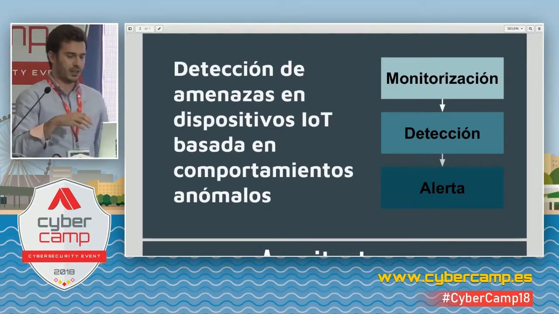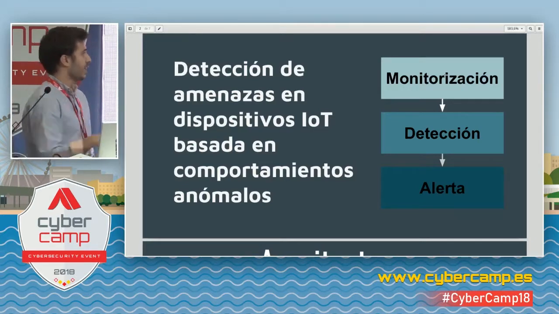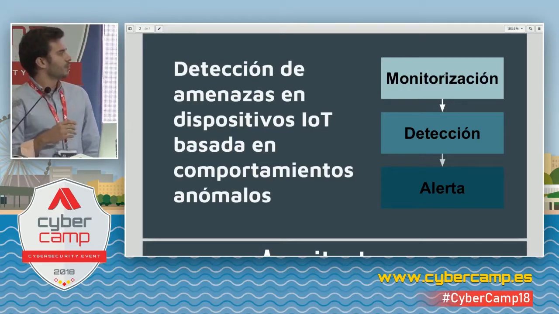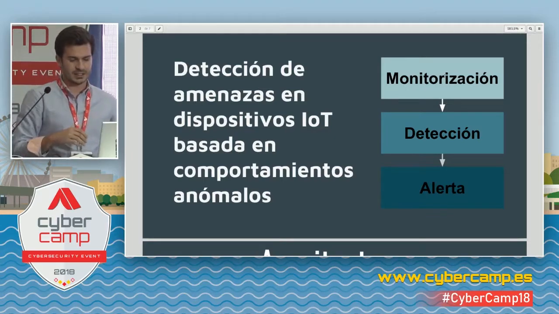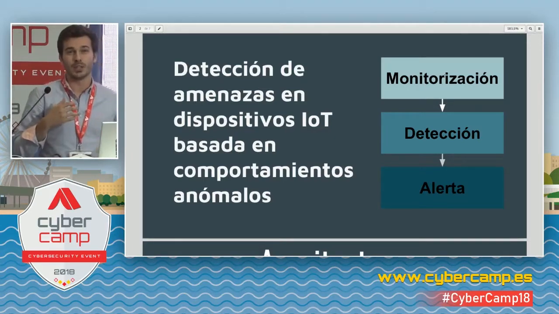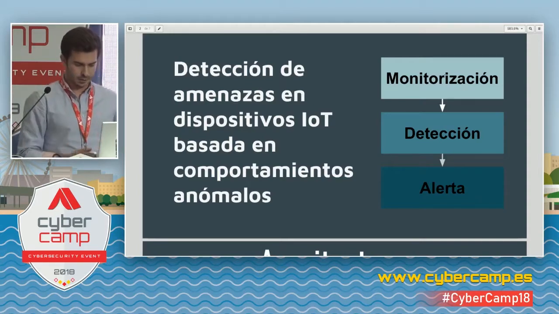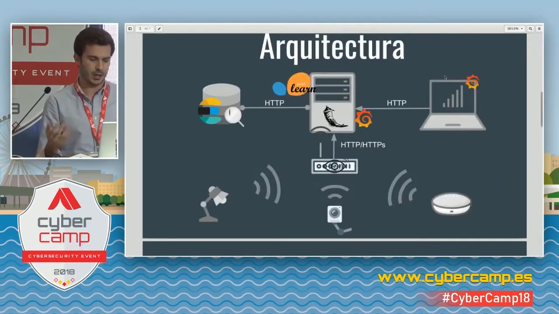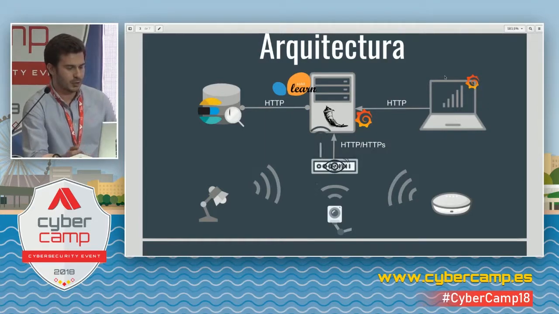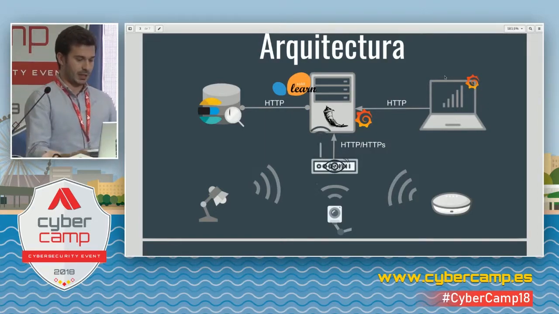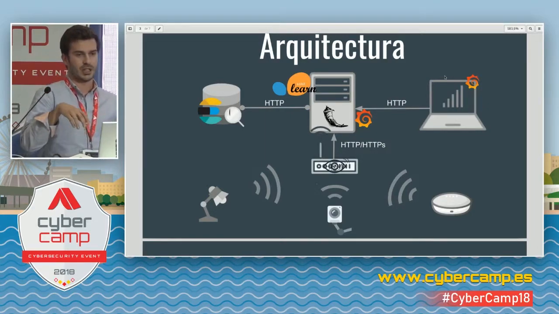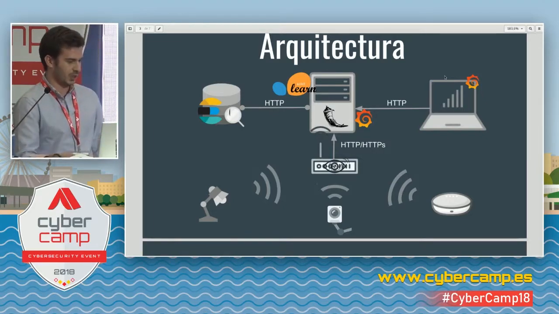So the idea would be to monitor those devices on the network, on the internet, see if there is any kind of weird behavior with the device that we're monitoring, and there we would get an alert. So the architecture we thought of for this is several IoT devices on the same router.